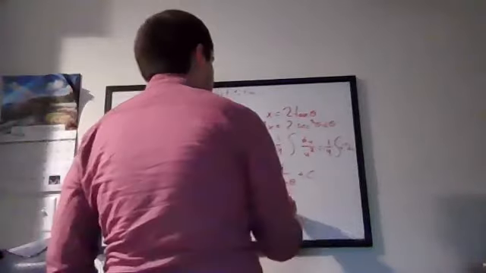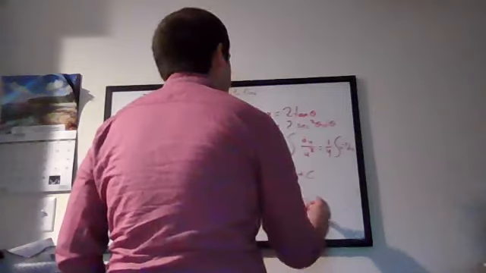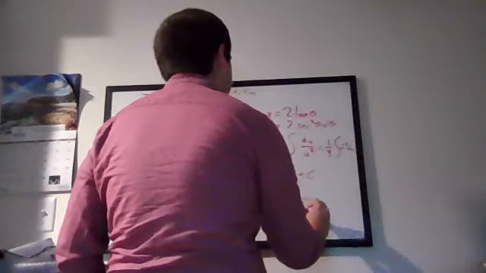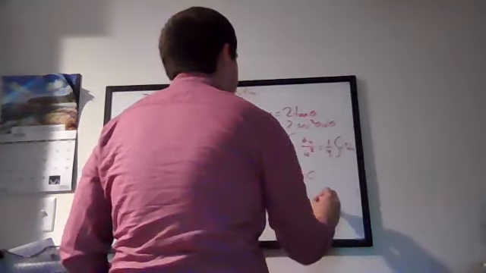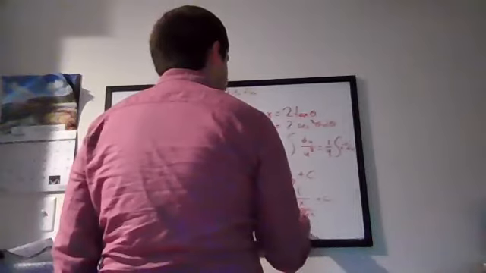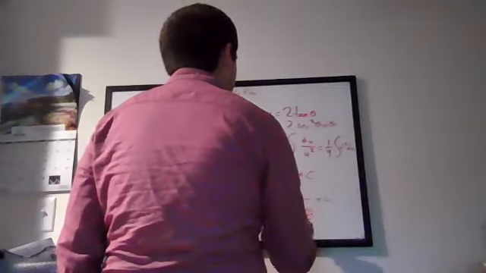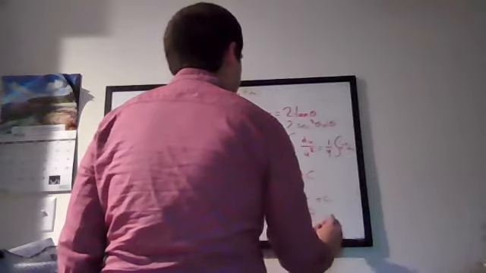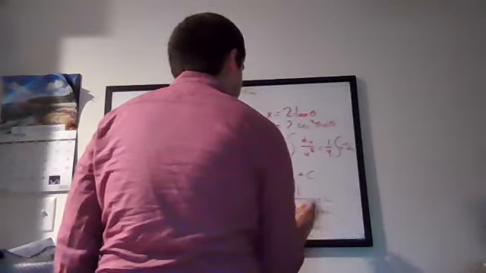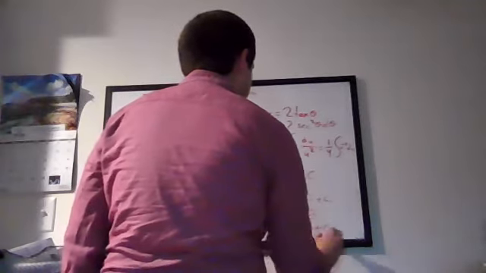So we're going to get negative 1/4 times x over the square root of x squared plus 4, plus c. But then keep, change, flip that. I'm going to be left with negative square root of x squared plus 4 all over 4x, plus c. Just like that.